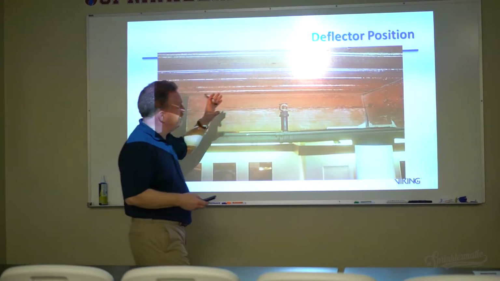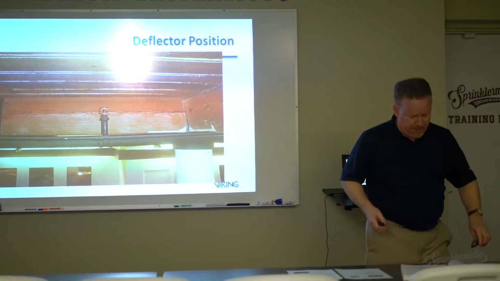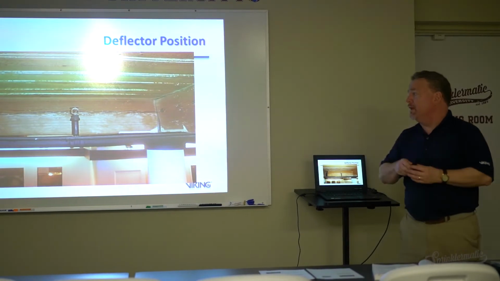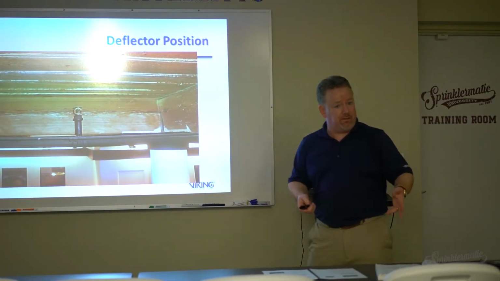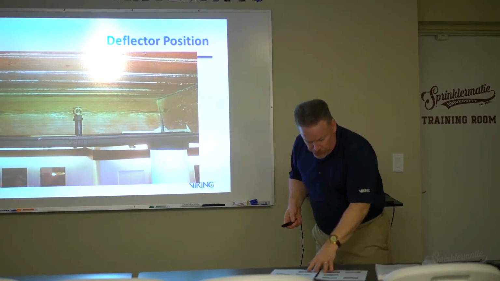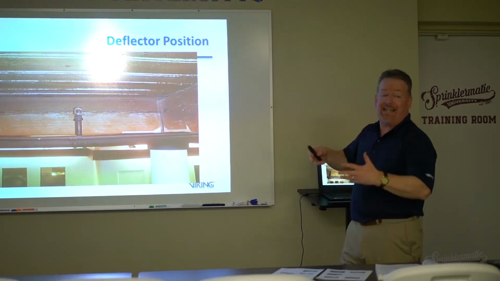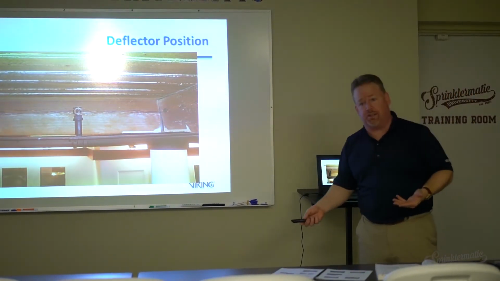Now sprinkler deflector position is mostly an issue when it comes to distance from the ceiling. And distance from the ceiling has a couple of different things we need to look at, mainly depending on the type of ceiling. Is it unobstructed construction or obstructed construction?